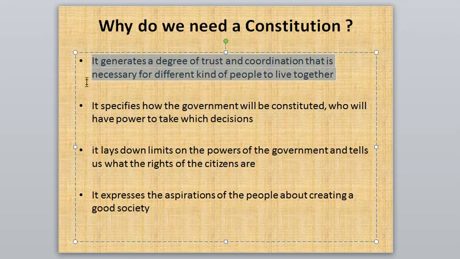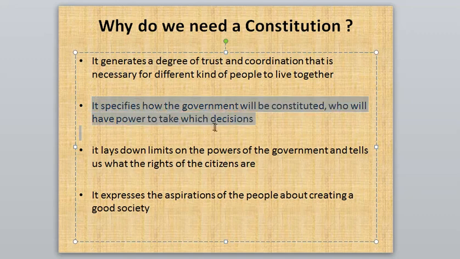Second, it specifies how the government will be constituted and who will have the power to take which decisions. So the constitution provides us the parliamentary form of government and all the rules, like what is the power of the prime minister, the governor, the president, and what is the cabinet.